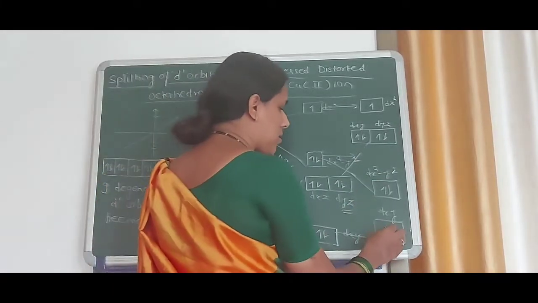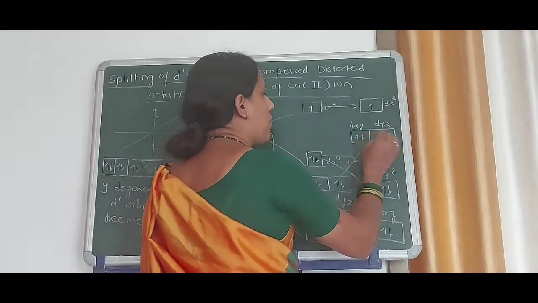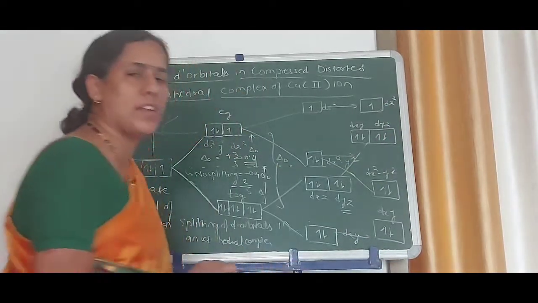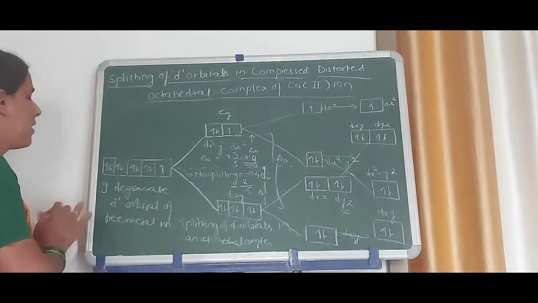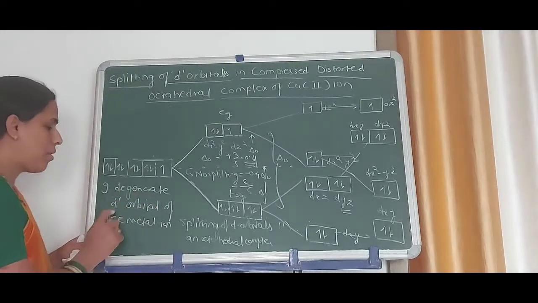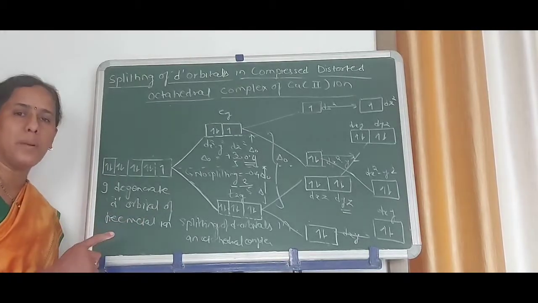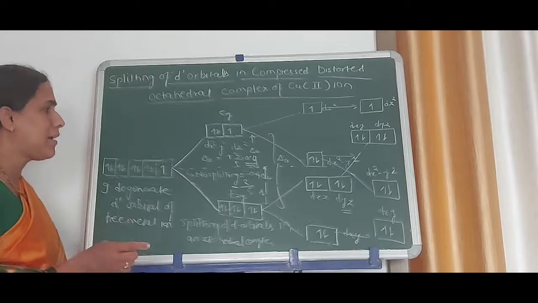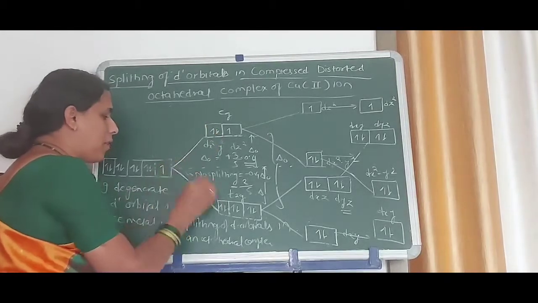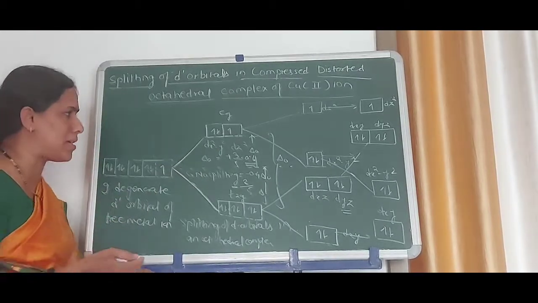The number of electrons is 2 plus 2 is 4, 4 plus 4 is 8, and 1 more makes 9. Now how is it formed? See here, when the 9 degenerate d orbitals of a central metal approach the ligands, what happens? Splitting of the d orbitals takes place.